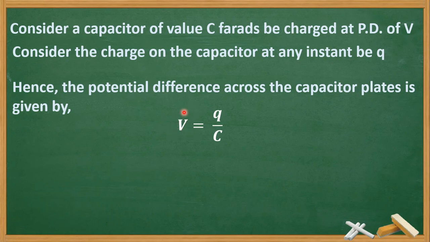This V is actually the potential difference across the capacitor. This charge q is at a particular instant, what is the charge on the capacitor? It is q, and when this small q charge is accumulated at the capacitor at that particular instant the potential difference is V.